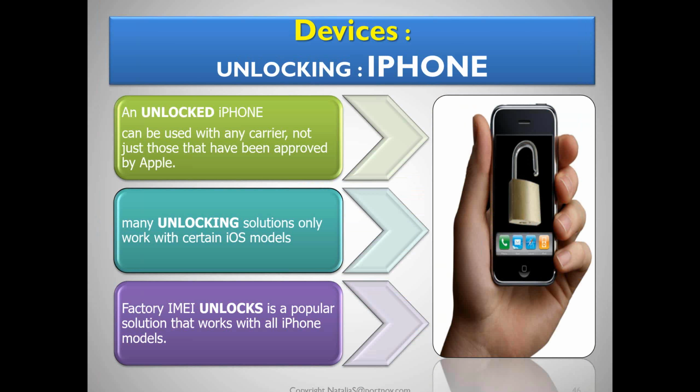Okay, so you can unlock your phone if your contract has already expired, but you have to ask your carrier to unlock your iPhone. What you have to do is just give them a call and give them your IMEI, which is International Mobile Equipment Identifier, as we know, right?